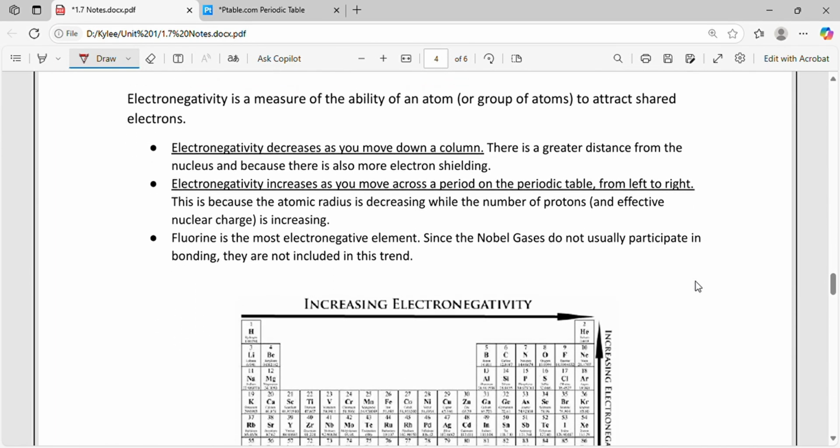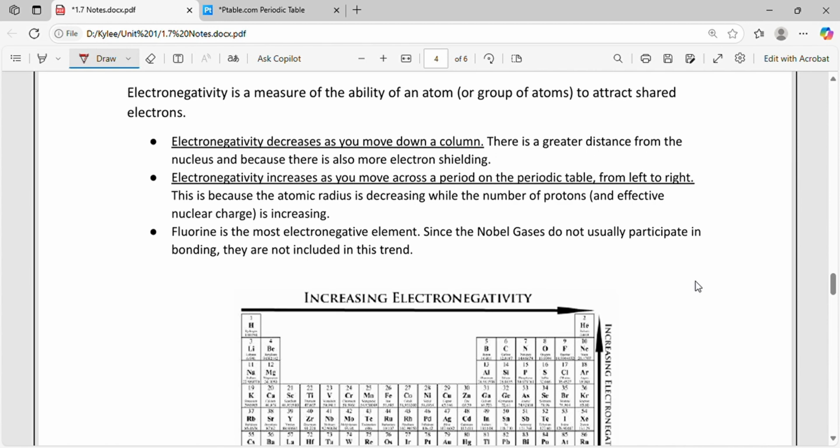Electronegativity is something that we talk a lot about, especially when it comes into bonding and whether things are polar molecules or non-polar molecules. So electronegativity is the measure of an ability of an atom or group of atoms to attract shared electrons. Electronegativity decreases as you go down a column, and the reason for that is because there's a greater distance.